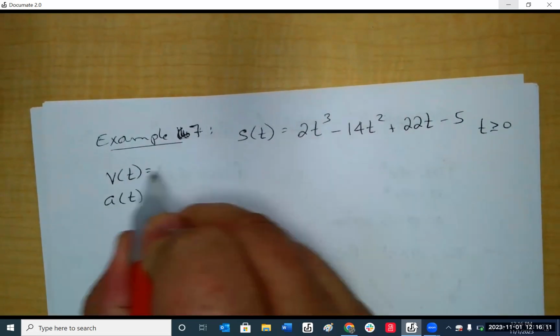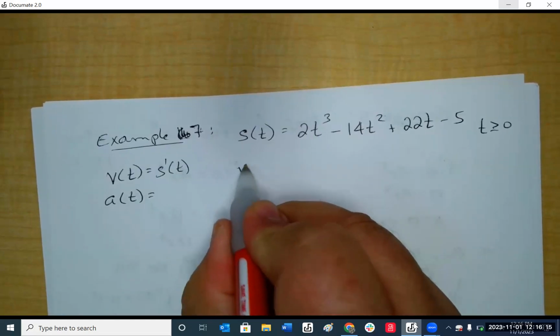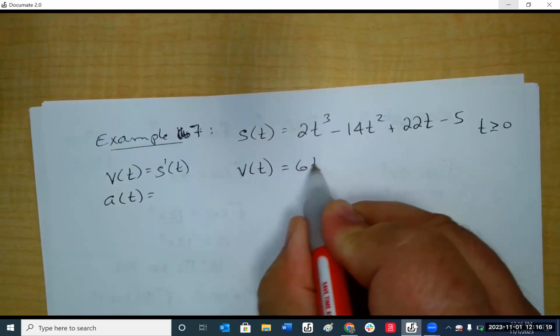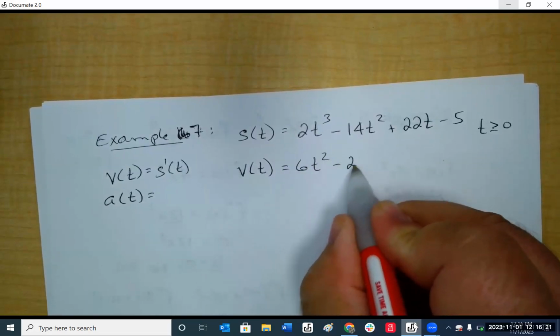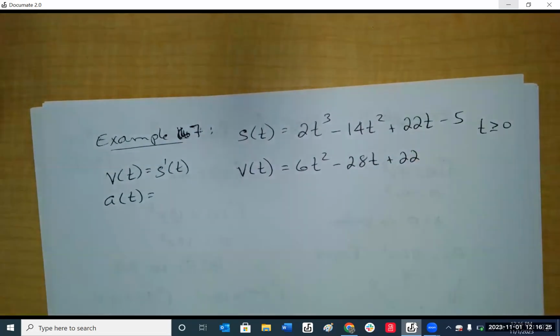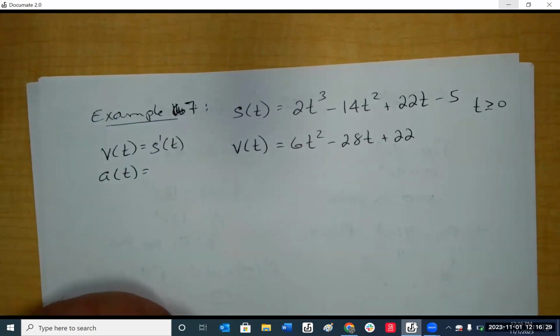So velocity is simply the first derivative: 6t squared minus 28t plus 22. So what can you tell me about the velocity?